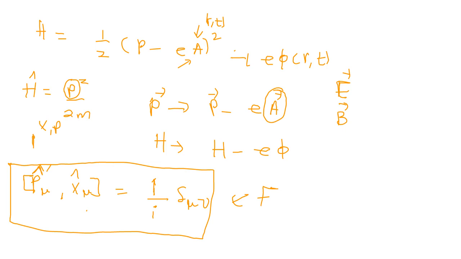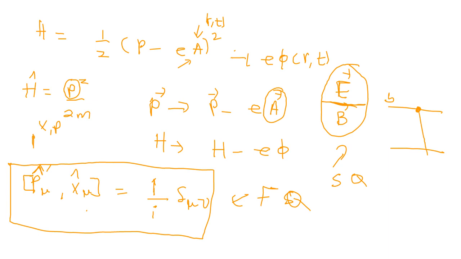Quantizing the fields is called second quantization, and this is what we need in order to explain this process where, although there is no radiation and no perturbation, we still get an atom undergoing spontaneous emission. And in order for you to explain that process, you have to quantize these E and B fields.